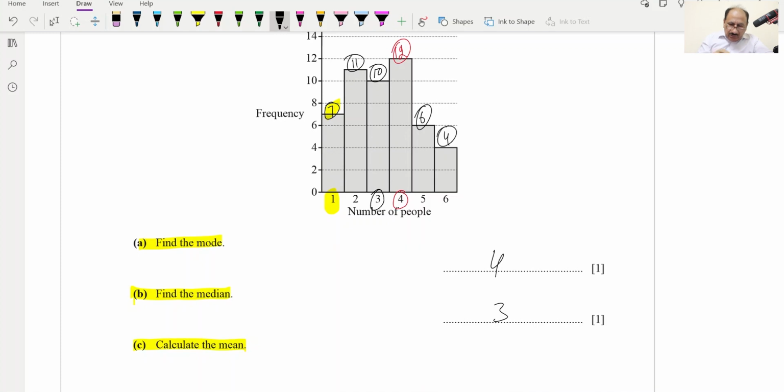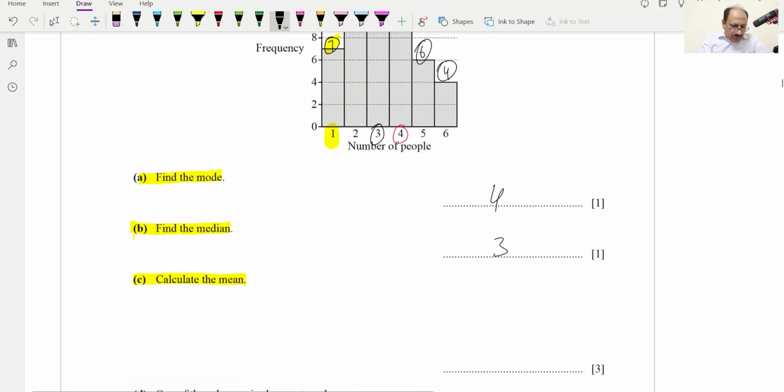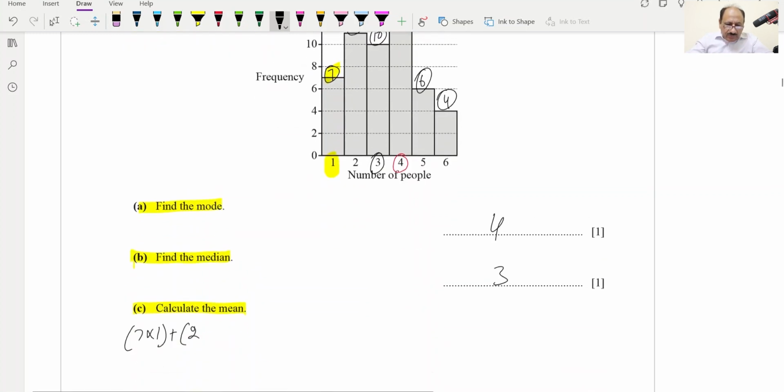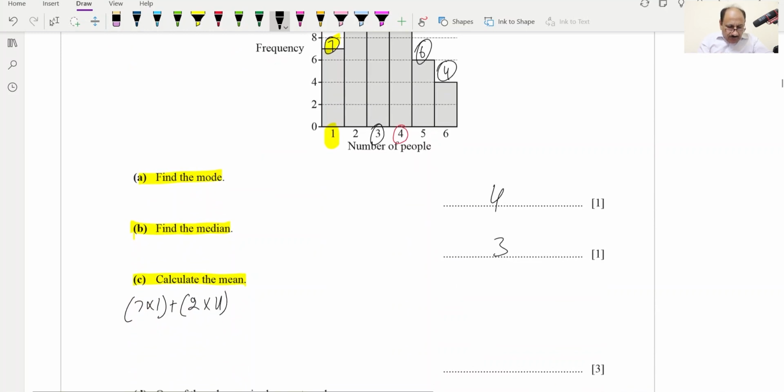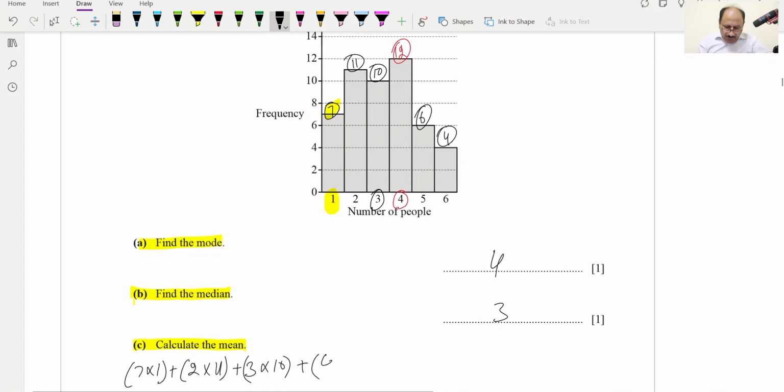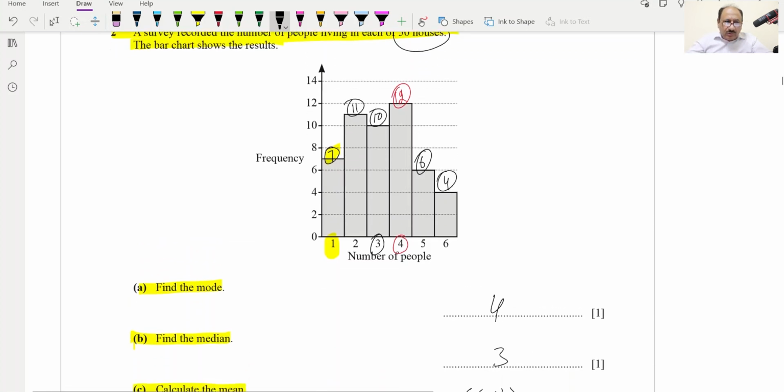We write 1 into 7, or 7 multiplied by 1, plus 2 multiplied by 11, plus 3 multiplied by 10, plus 4 multiplied by 12, plus 5 multiplied by 6, plus 6 multiplied by 4, and this whole will be divided by the total, which is 50.